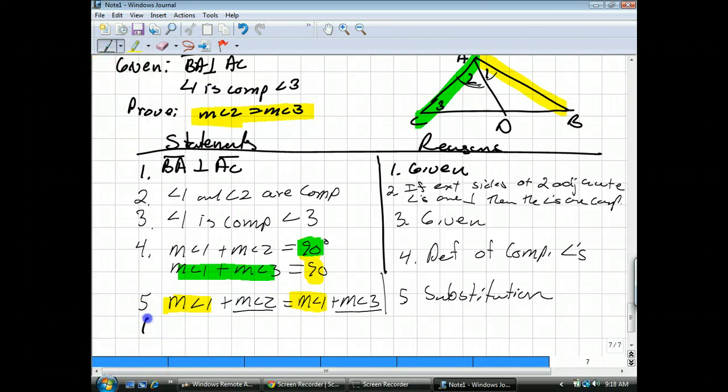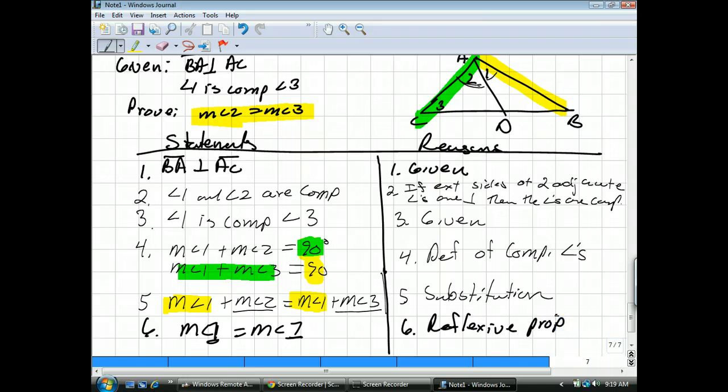Well, I have to state that measure of angle 1 equals measure of angle 1. What property allows me to say that something is equal to itself? That is the reflexive property. Okay?